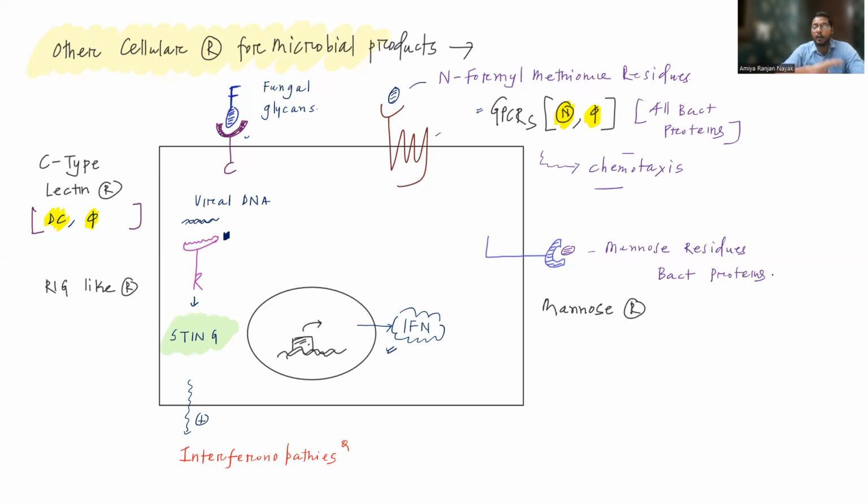Okay, so these are all the receptors that are components of pattern recognition receptors, and they play a significant role in the identification of pathogens in the innate immune system.